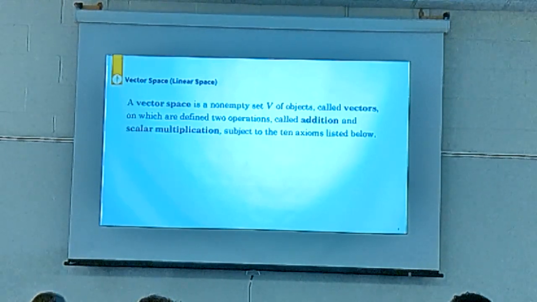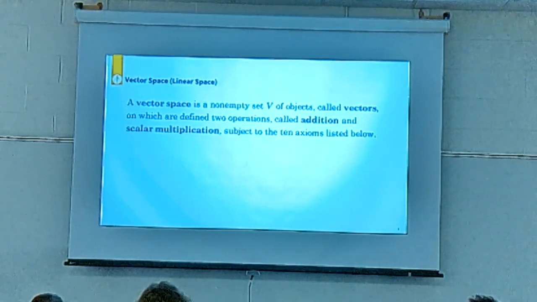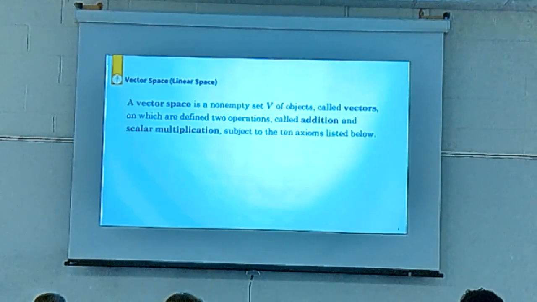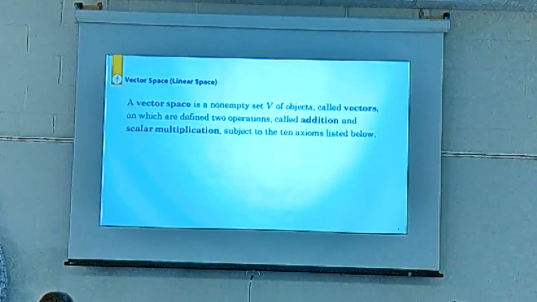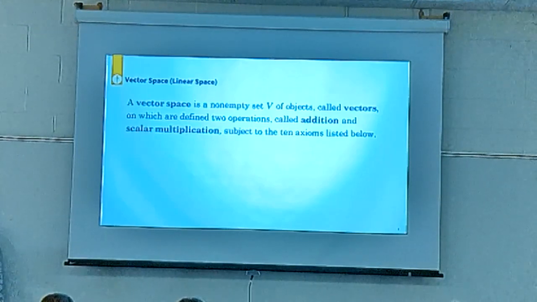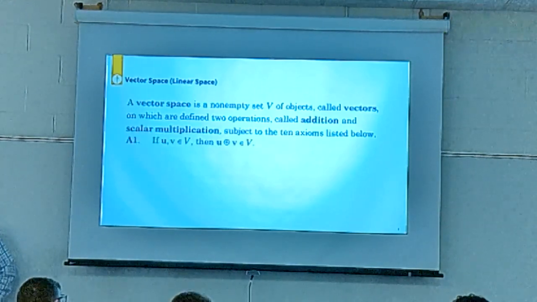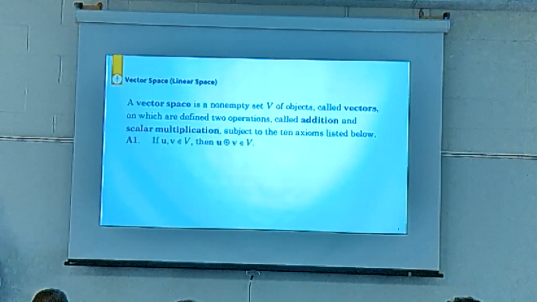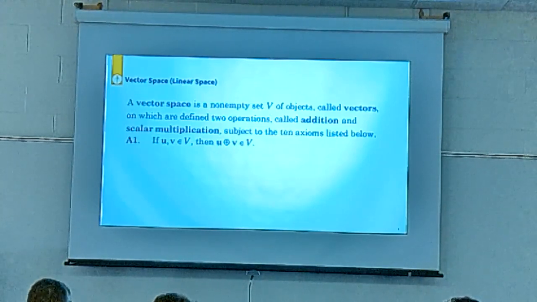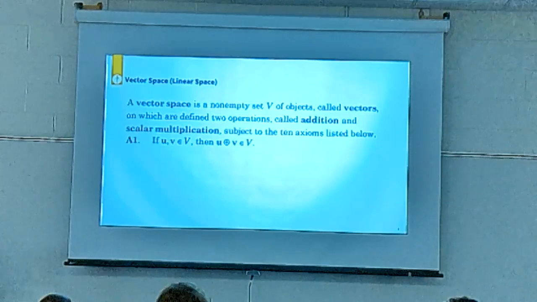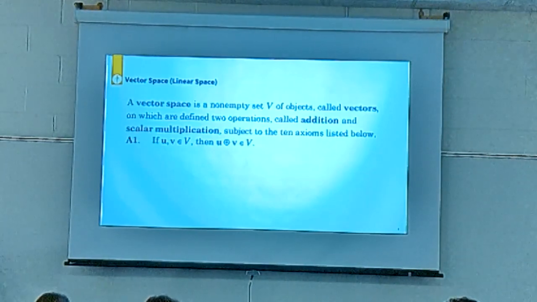These two operations are subject to 10 axioms, 5 for each. If u and v are in V, then u ⊕ v is also in V. This is the closure property under addition.